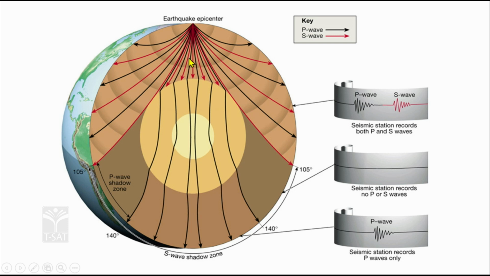It implies that S waves cannot pass through liquid. So we have established that the outer core is liquid. Because the S waves cannot pass through, they are deflected from the core to different directions. Whereas P waves can penetrate into the earth's interior, into the outer core and the inner core.